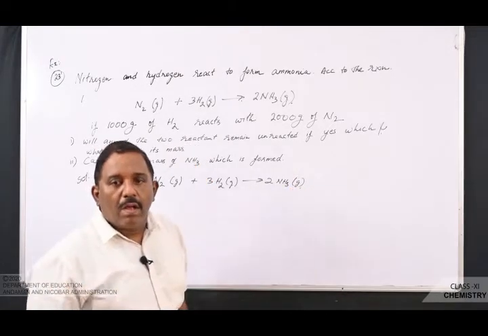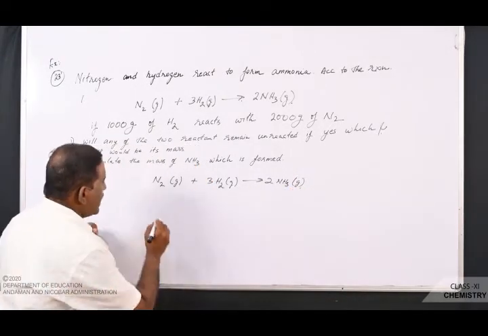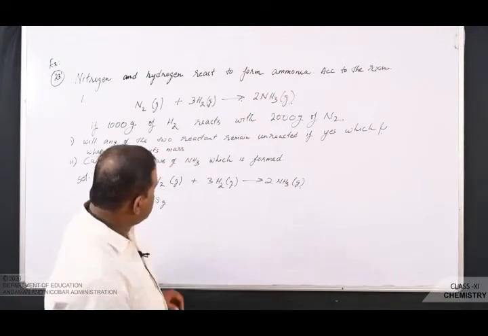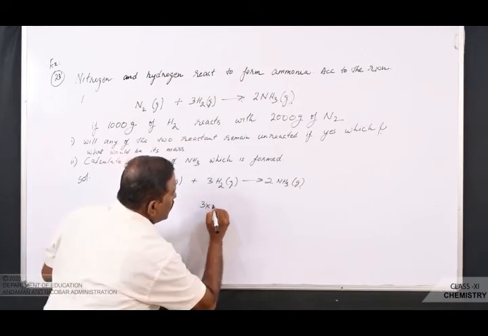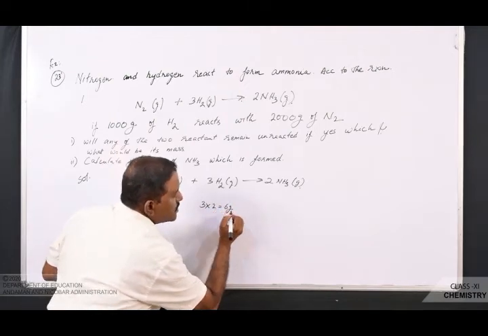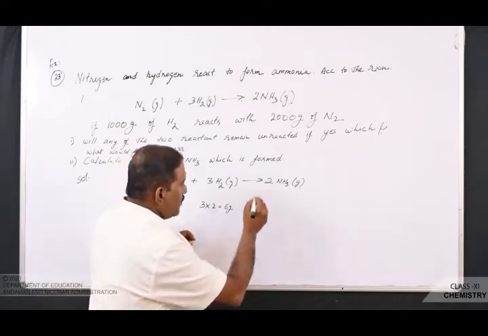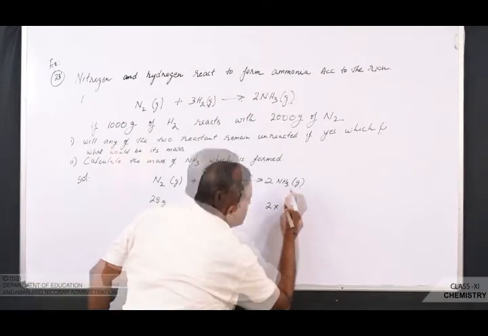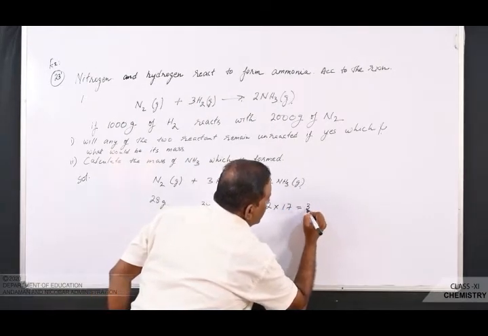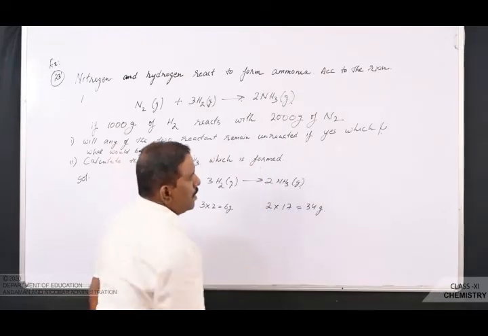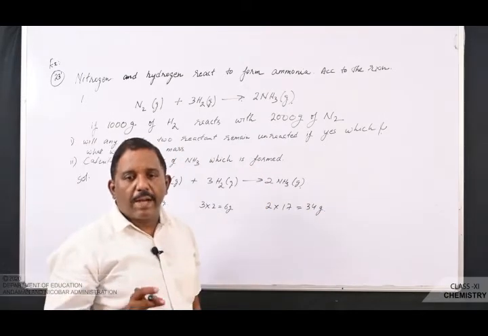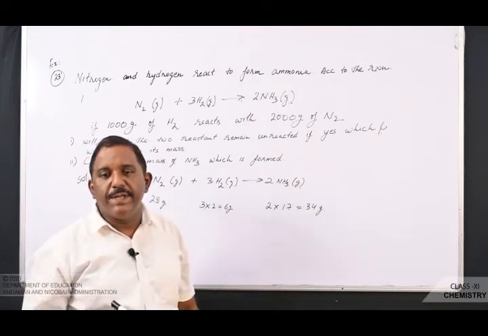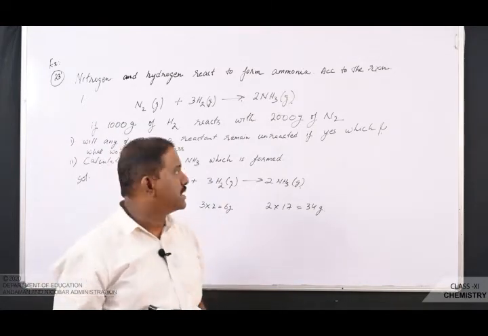Now we know the mass here is 28 grams for N2, for H2 it is 3 into 2, which is 6 grams, and for ammonia it will be 2 into 17, that is 34 grams. Is it clear? So now we know that 28 grams of N2 requires H2 equal to 6 grams.